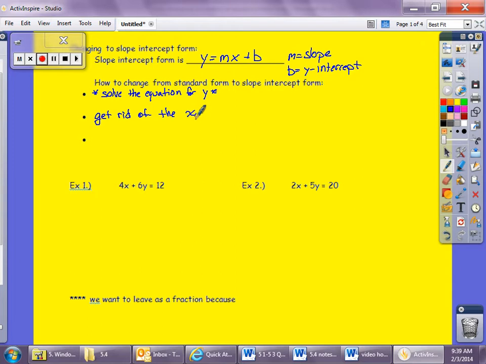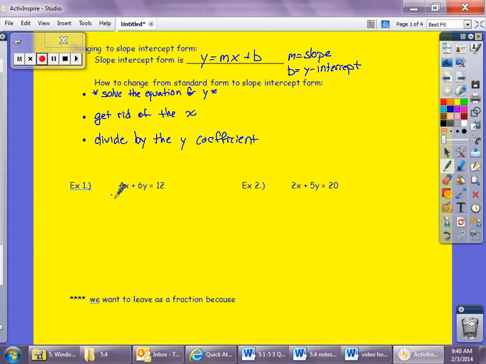And then after we get rid of the x, we divide by the y coefficient. So we get rid of our x, we divide by the y coefficient, and then that's how we get this in slope-intercept form.